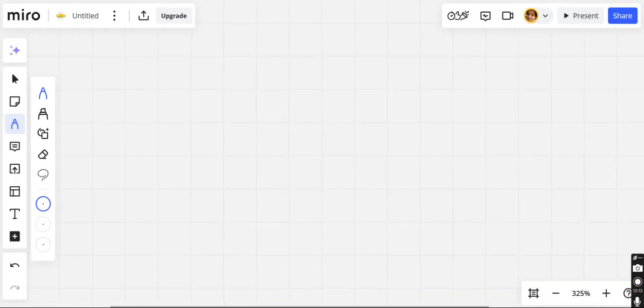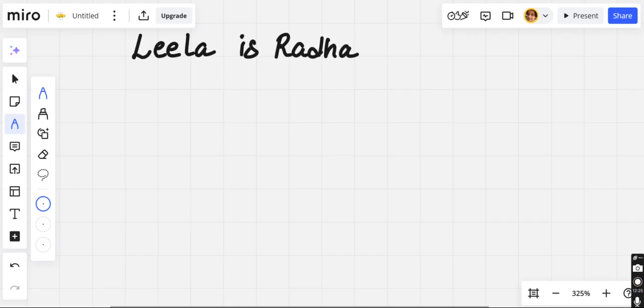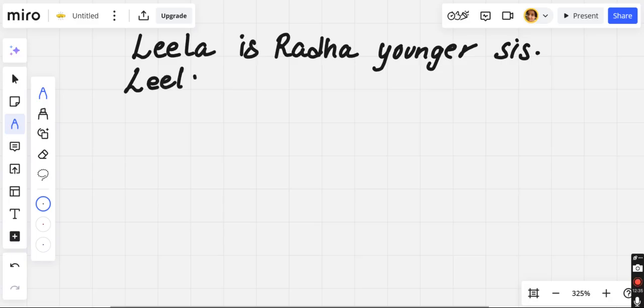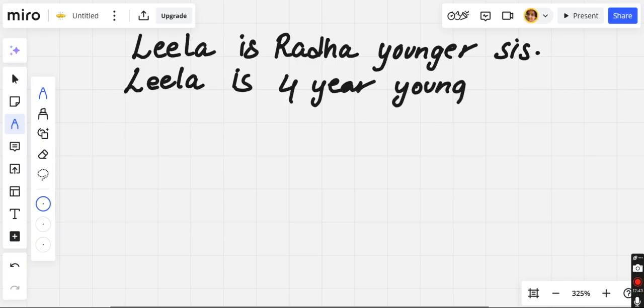So what is the next question? Leela is Radha's younger sister. Leela is 4 years younger than Radha.